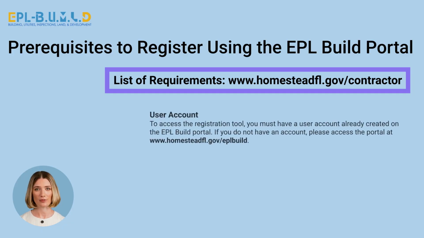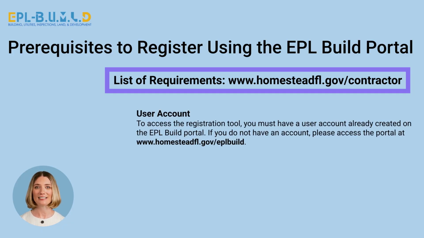First, a user account. To access the registration tool, you must have a user account already created on the EPL Build portal. If you do not have an account, please access the portal at www.homesteadfl.gov/EPL Build. You can access this link in the description section of this video, or feel free to pause this video to write it down.